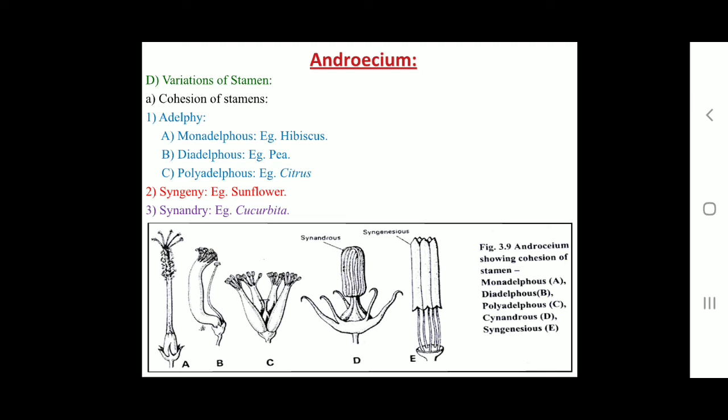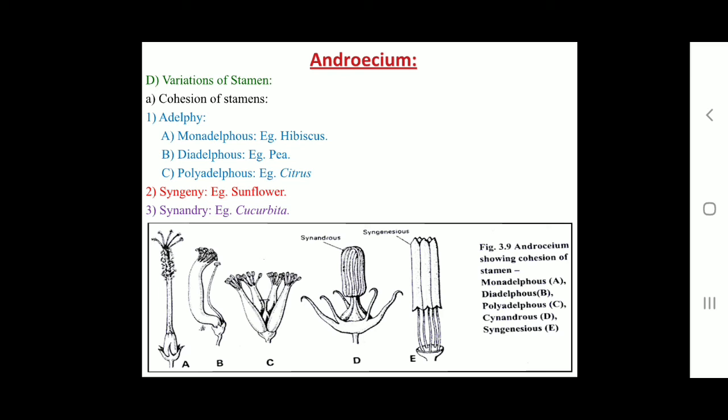And the third point, that is the polyadelphous condition. Here, the filaments of stamens are united to form more than two bundles, and anthers are free. Example, citrus. Then after adelphy, we must know syngenesy.